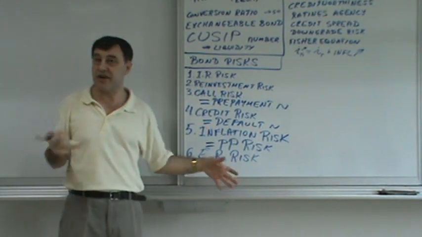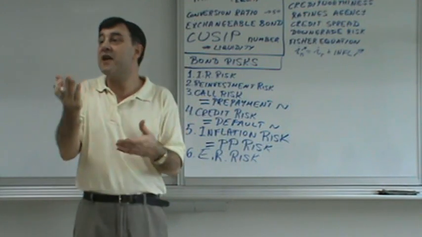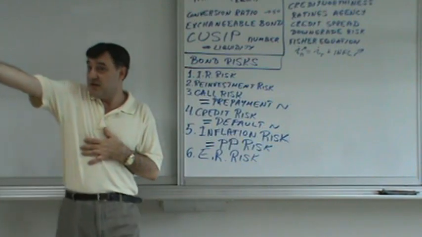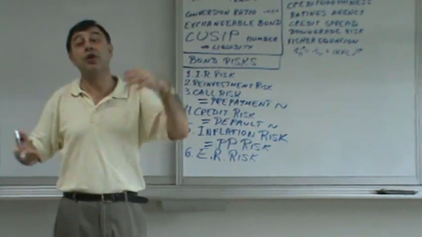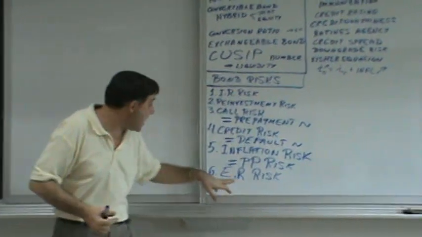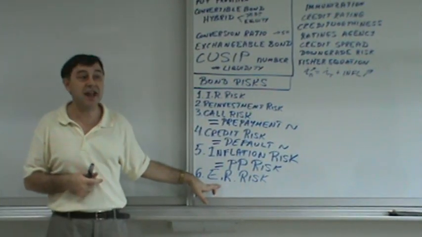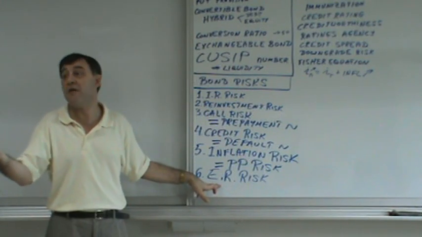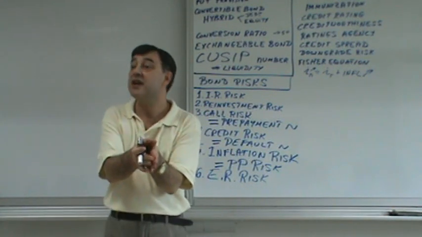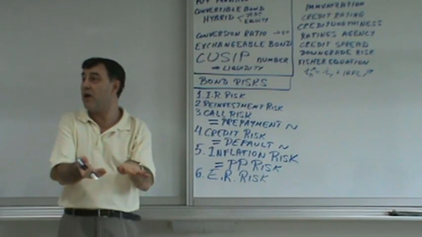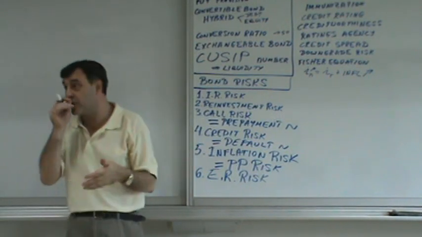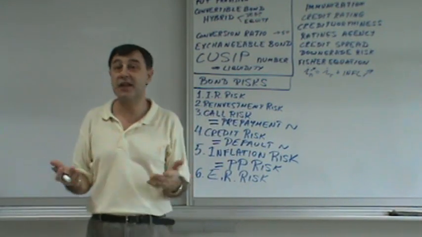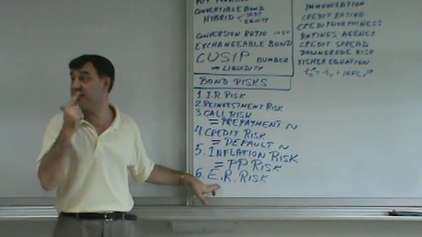So, exchange rate risk. Well, what's exchange rate risk? Very simple. You buy a particular bond, whether it's a Japanese bond, or American, or Russian, and the exchange rate of the currency in which the bond is denominated falls. So you buy a Russian bond in Russian rubles, and the ruble falls. And when you convert it back to Chinese yuan, or what is it, New Taiwan dollars, the result is a loss because the currency fell.